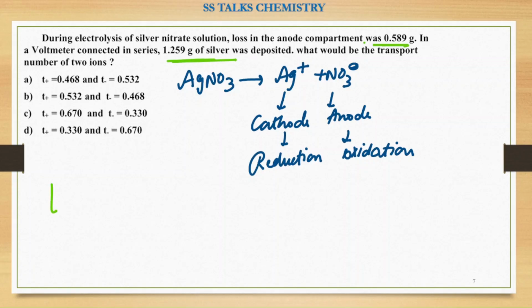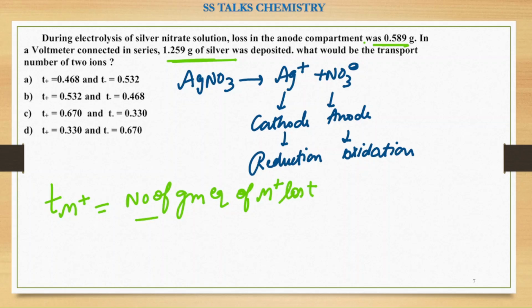Now to find the transport number of the cationic species which is getting deposited, which I am denoting as the metal with positive charge, this is equal to the ratio of the number of gram equivalents of the metal, that is your silver ions, which is lost at the anodic compartment, upon the number of gram equivalents of the metal ion which is deposited.